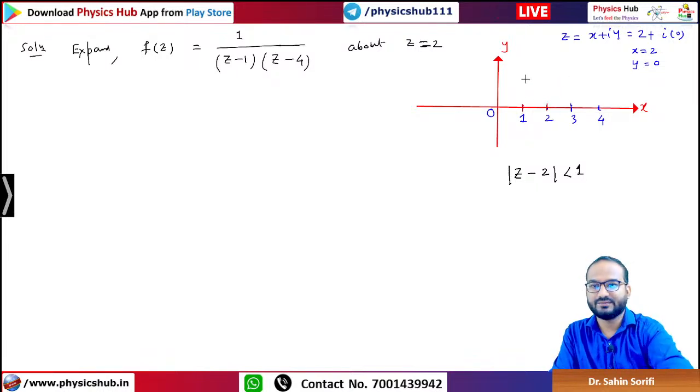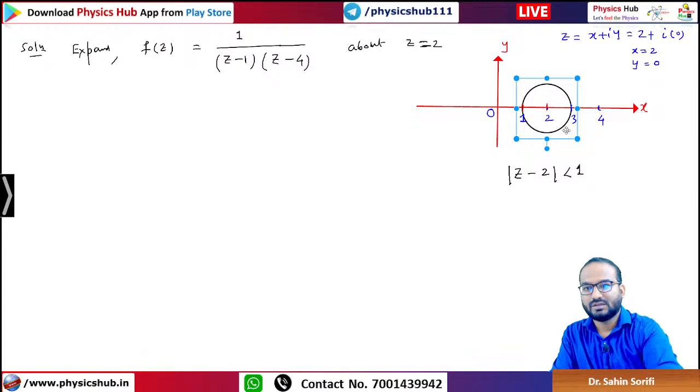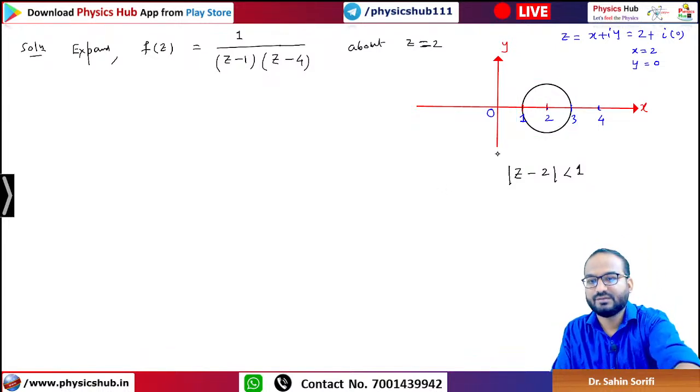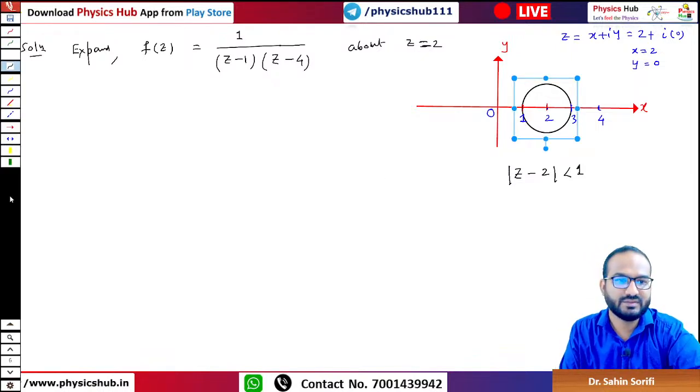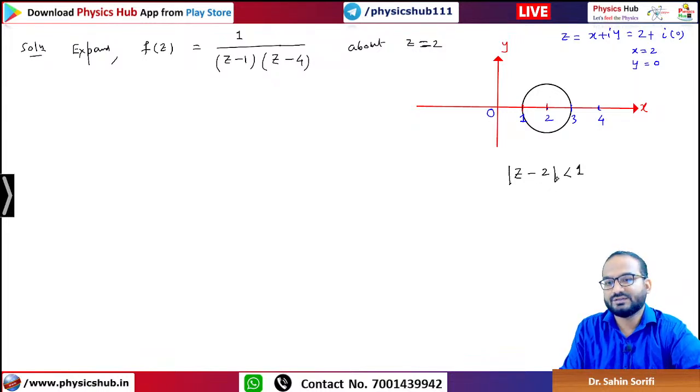try to understand it very carefully. Understanding the concept is more important than just solving the problem, because mathematically you can easily solve the problem, but you need to understand the concept behind it. What does it mean? About z equals 2 means z minus 2 less than 1.